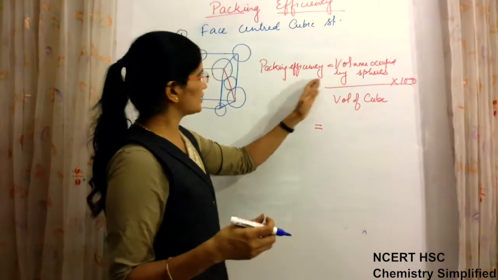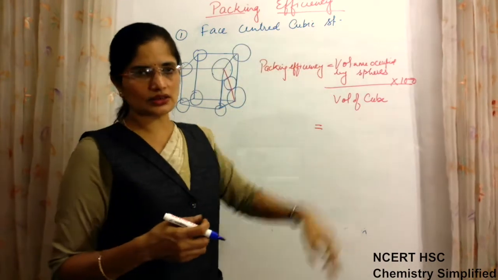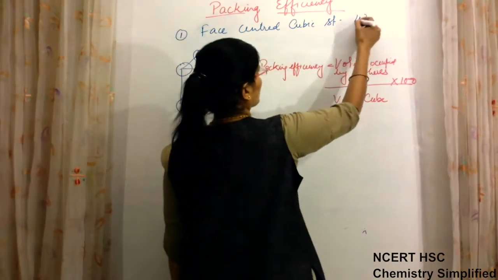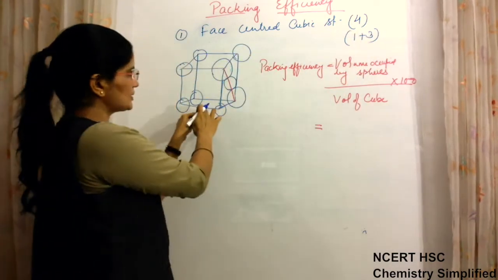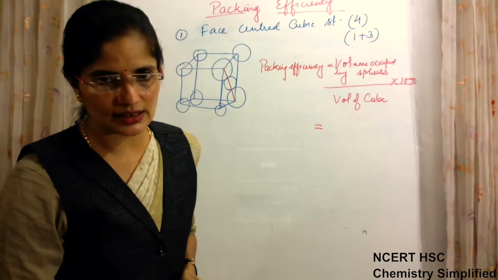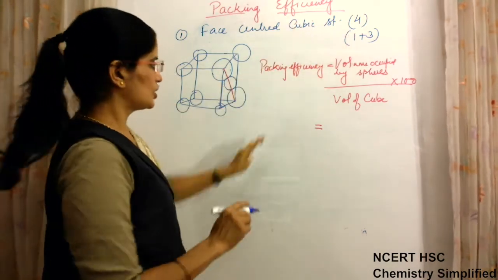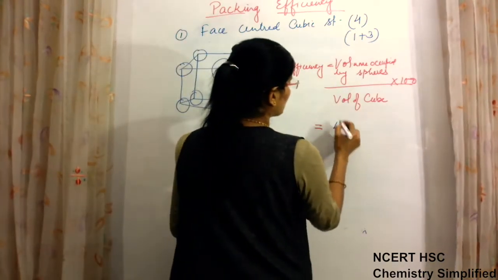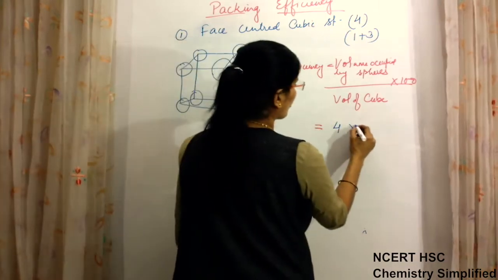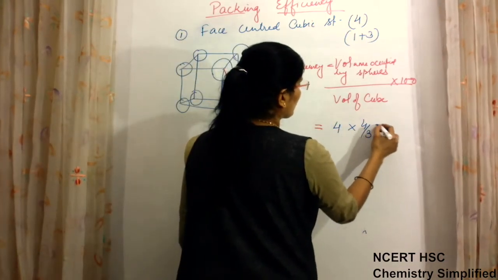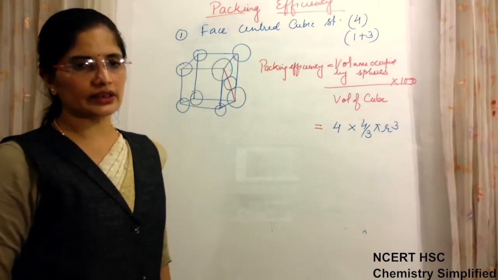Now we just said that in face centered cubic structure, 4 particles are present, 1 plus 3, 1 from the corners and 3 from the faces. I hope it is clear now why we have written 4 particles. So volume occupied by these 4 particles which are present on corners and on the faces will be 4 into 4 by 3 pi r cube, because 4 by 3 pi r cube is the volume of a sphere.